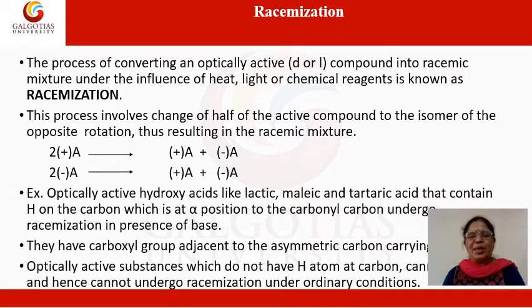The optically active hydroxy acids like lactic acid or malic acid or tartaric acid, which contain hydrogen on the carbon that is alpha position to the carbonyl carbon, generally undergo racemization in presence of base, which means that every optical isomer cannot undergo racemization.